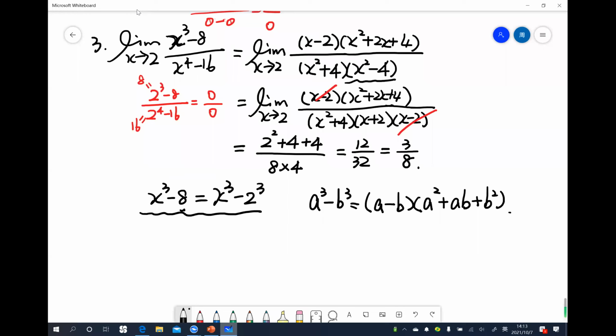So this is the formula for this kind of function. You have to remember this formula first.